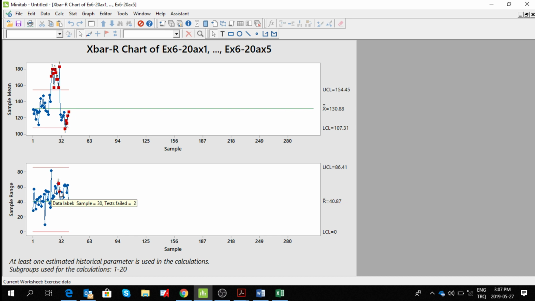So for the X bar chart, if you look at all of them, there's nothing new except this sample 36. This is the only one that has failed recently. So that means the adjustments worked fine, and the system is in better shape.